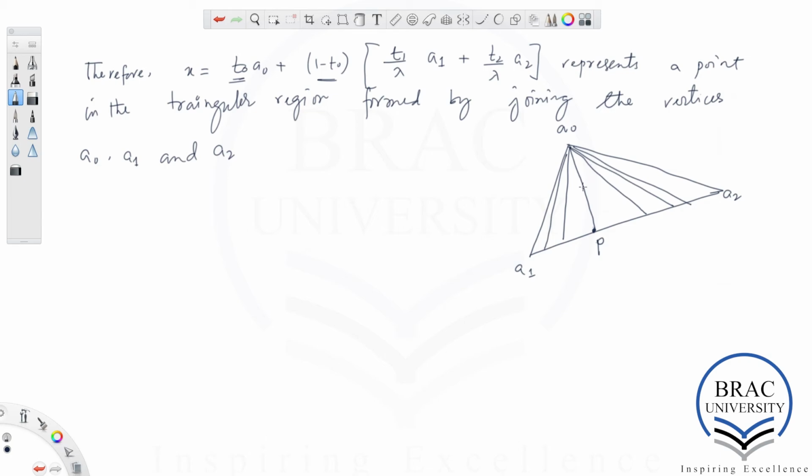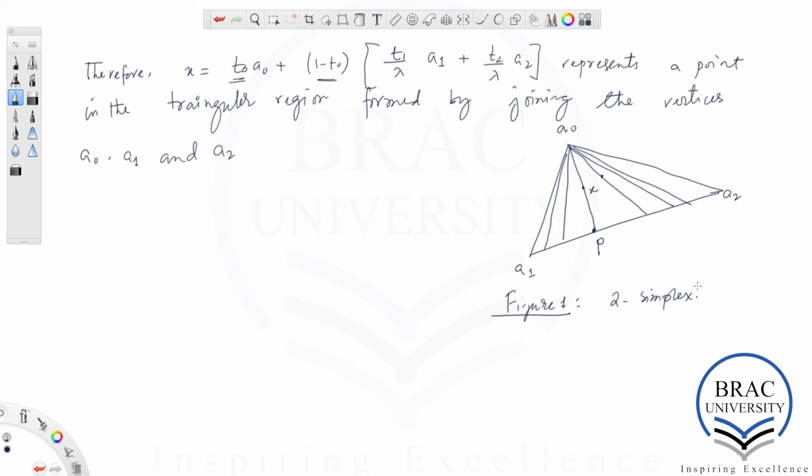This way, these are the points X, and this way we get all the points inside the triangular region. Okay, this is the figure. This is figure 1, and the name of this figure is 2 simplex, which is a triangle.